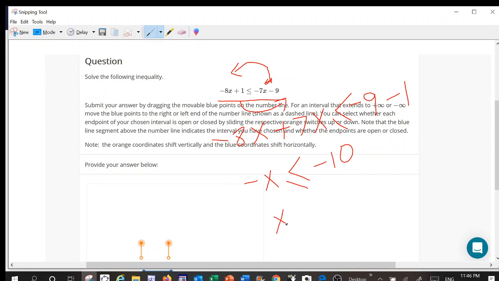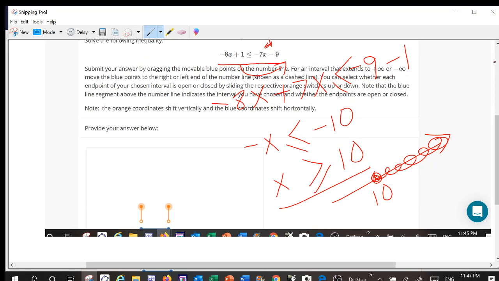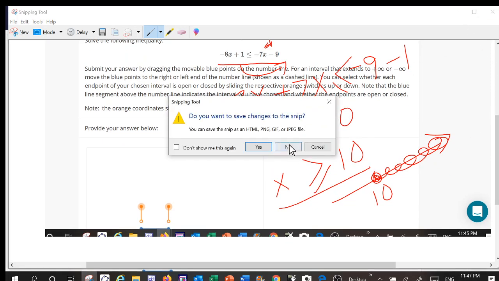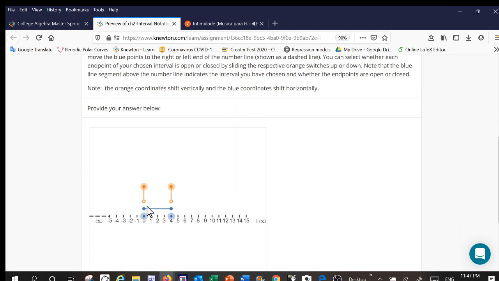So here we write x and 10, then we have to switch the direction. So this means x has to be greater than or equal to 10. That means all the numbers to the right of 10, including 10. So let's do that.